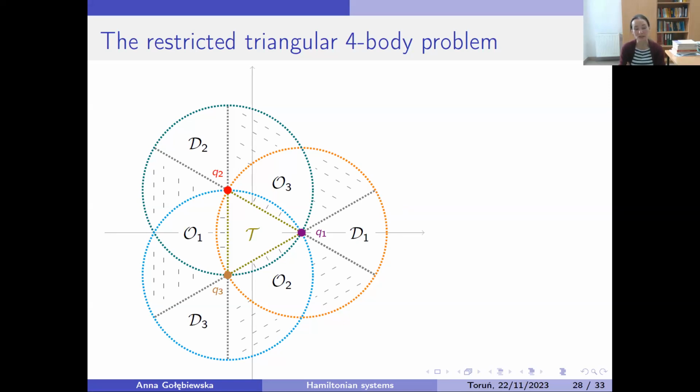If we have this triangle and we draw the lines, the lines divide our plane into subspaces, which are denoted here. T is the interior of my triangle. Then we have D1, D2, D3 just outside the triangle, and O1, O2, O3 also.